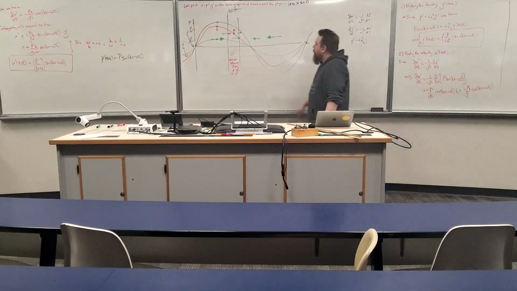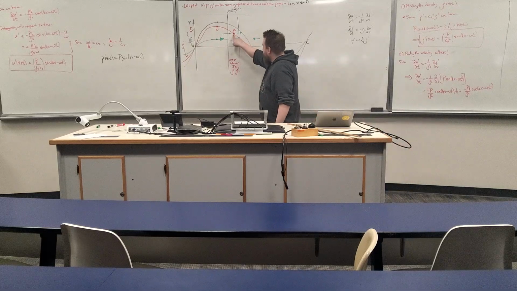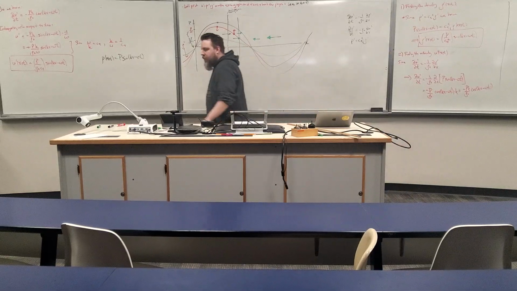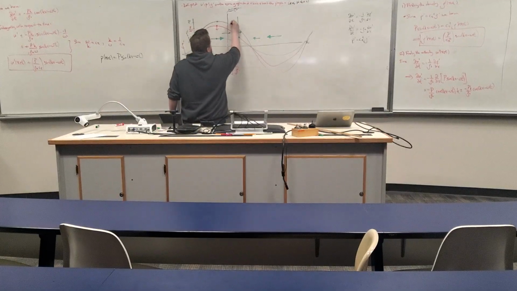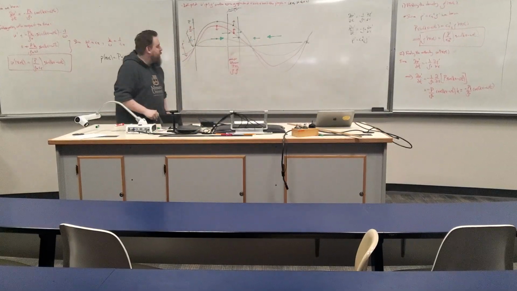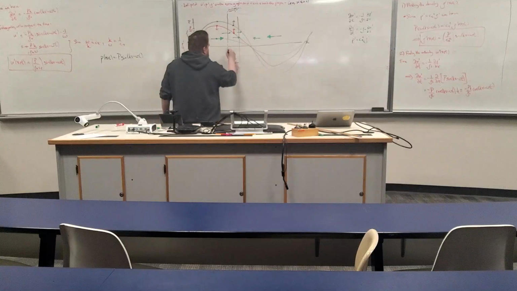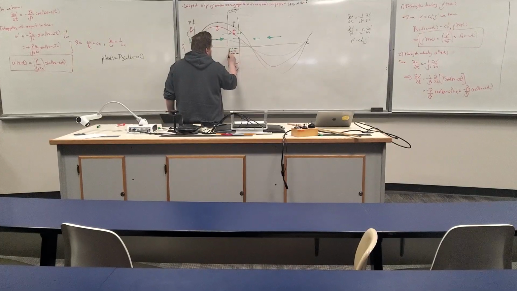So when we raise the density at this point, the pressure, which is the black curve, is also going to rise. So we have here pressure rises due to connection with density.